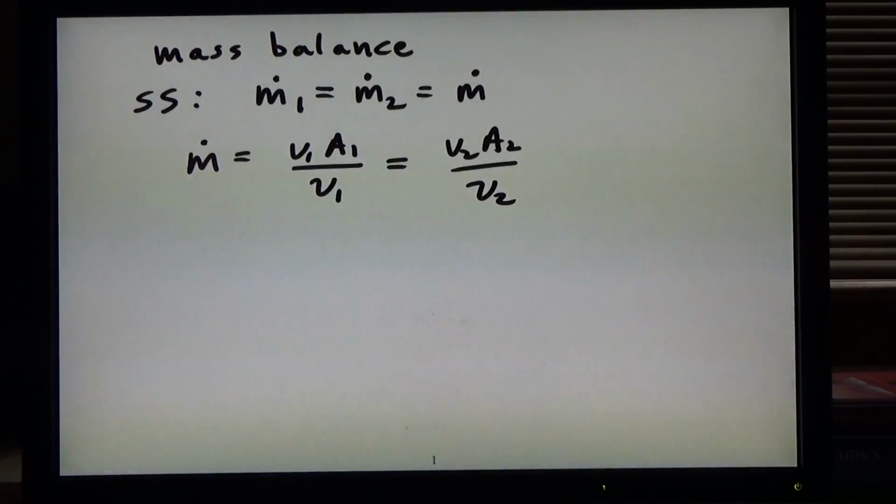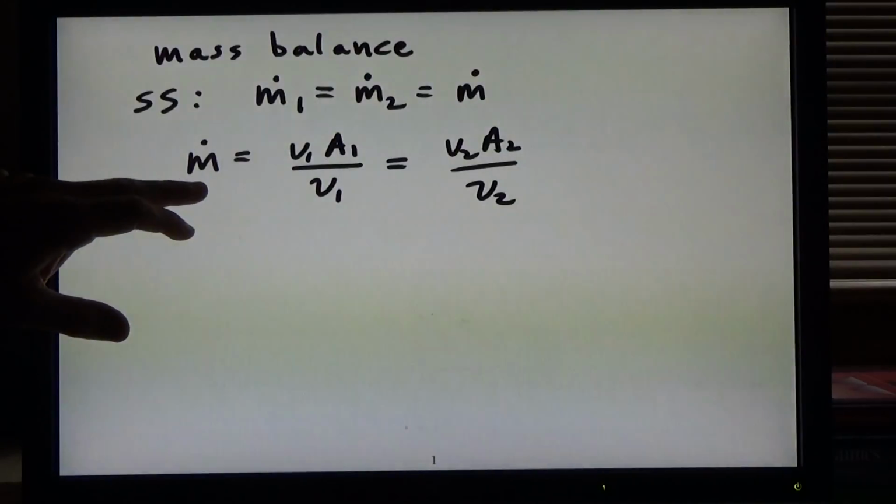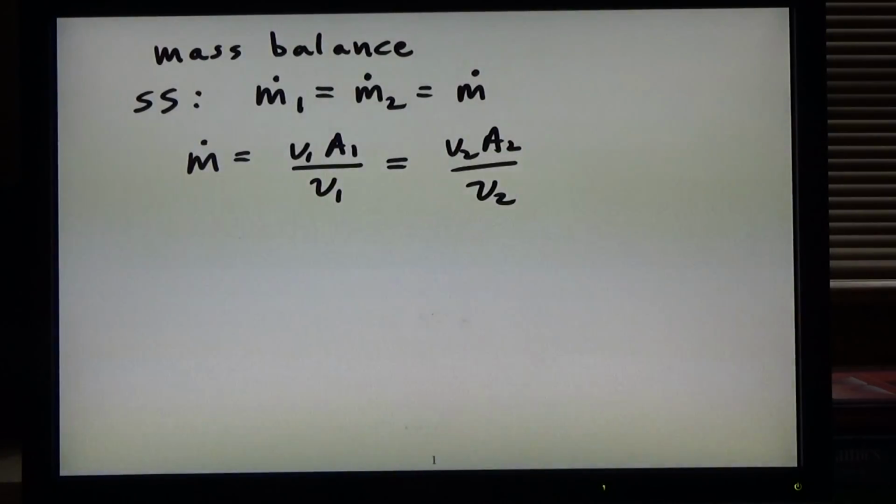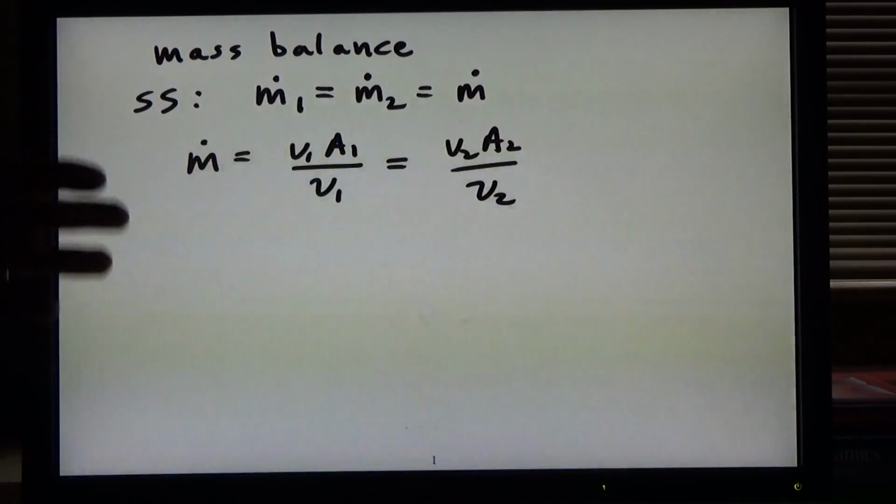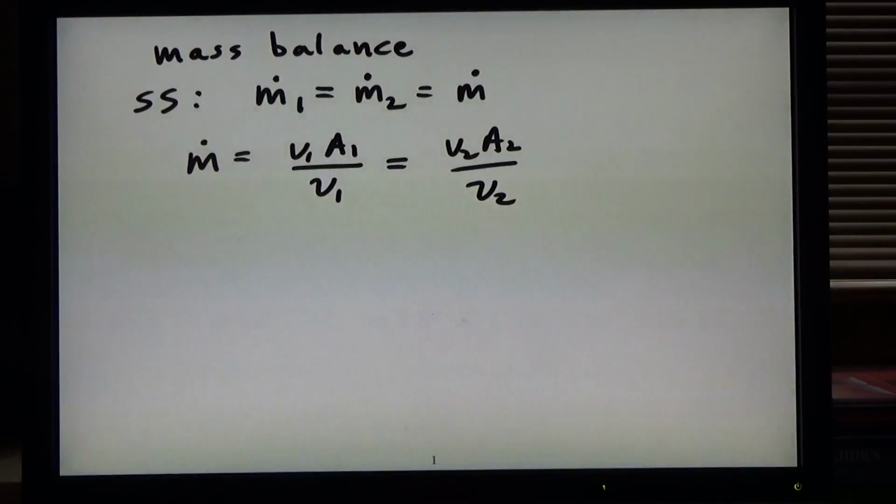So there's no way that we can calculate the area unless we were given information about the diameter of the inlet or some other piece of information. So it turns out the mass balance equation with the mass flow rate equation is not very helpful. It doesn't actually allow us to solve for the mass flow rate in this problem. So we'll just have to keep going and see if there's another way that we can solve for the mass flow rate by some other means.